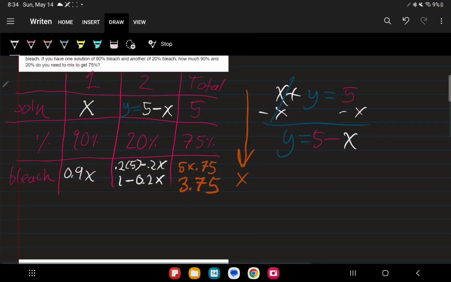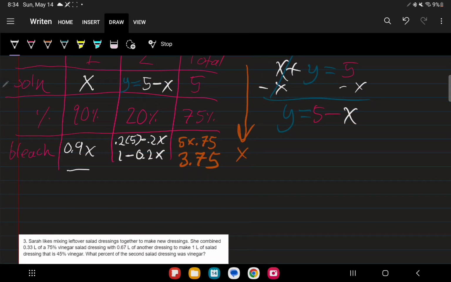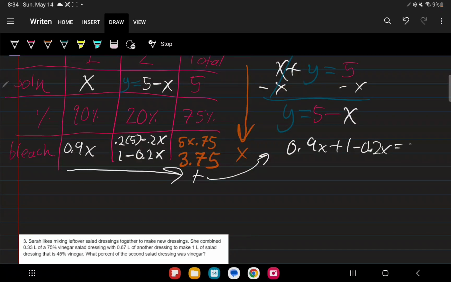Last step is the addition step. So I add everything together going this way, and this is what it's equal to. So I get 0.9x plus 1 minus 0.2x is equal to 3.75.